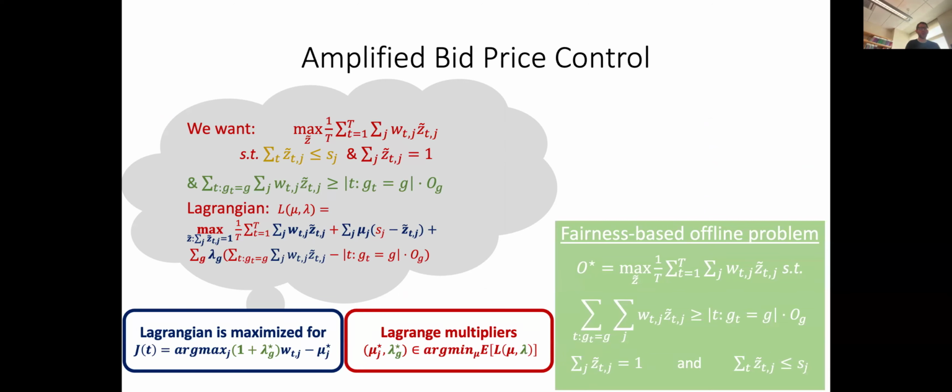And that gives us what we call the amplified bid price control. So if we take the Lagrangian of this problem here, which has the fairness constraints included, then rather than just having the weight or the employment score of a case at a location minus mu j star, this WTJ now gets amplified through this group-specific multiplier.